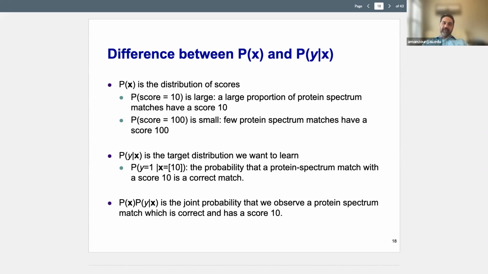The details about the mass spec machine are not important. What is important is that I have a machine, it outputs a single score, and based on that score, I have two possibilities. Either the score represents a known protein or an unknown protein, or maybe even noise or an unknown peptide. That would be my variable y.